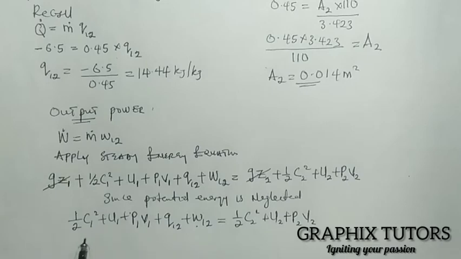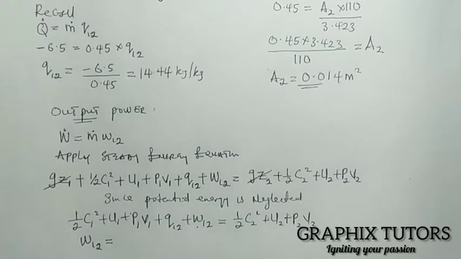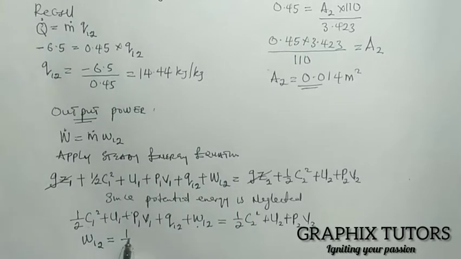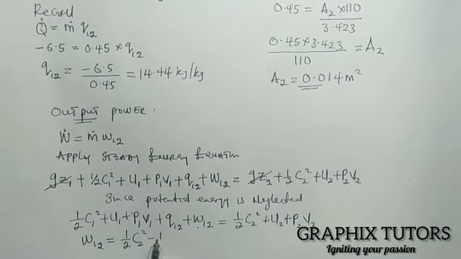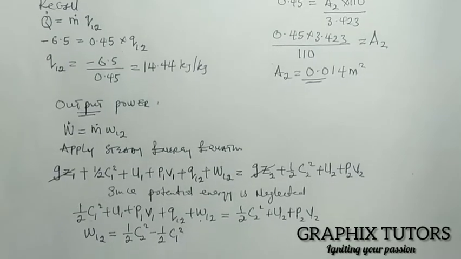So if I leave my w12 here, this will come to the side, so we have 1 over 2 c2 square minus 1 over 2 c1 square. Can I see that?